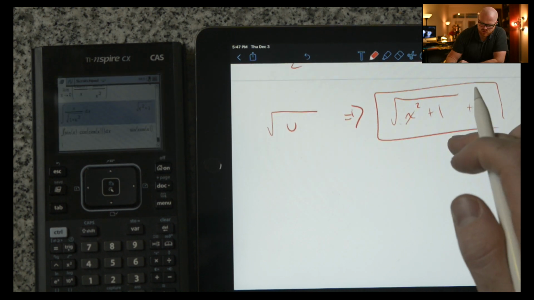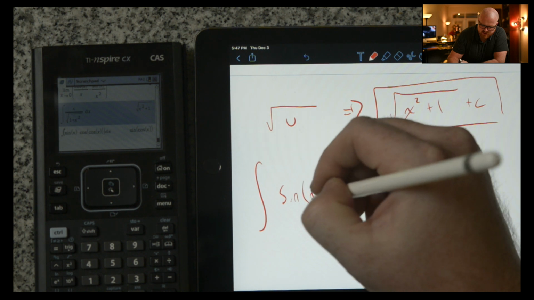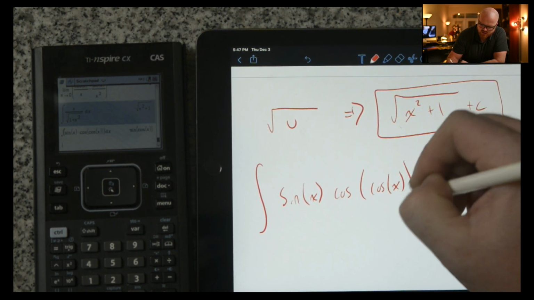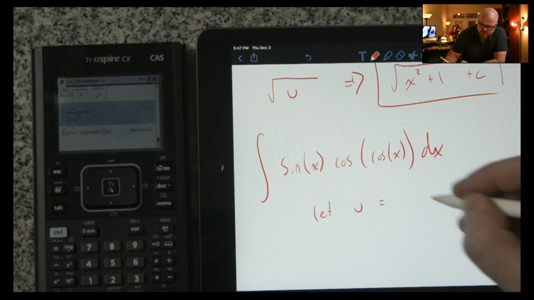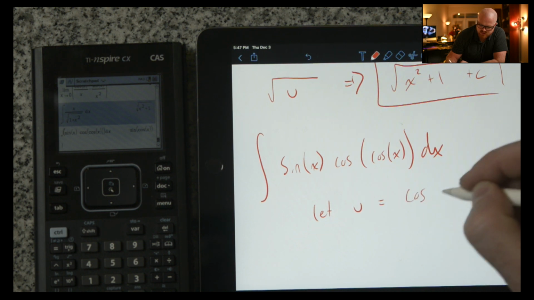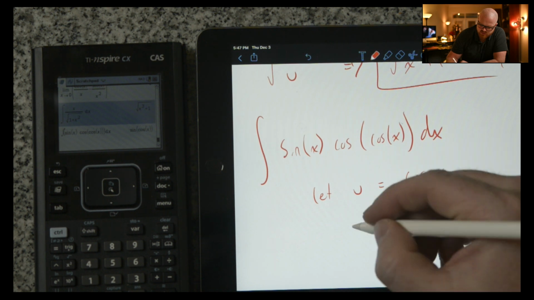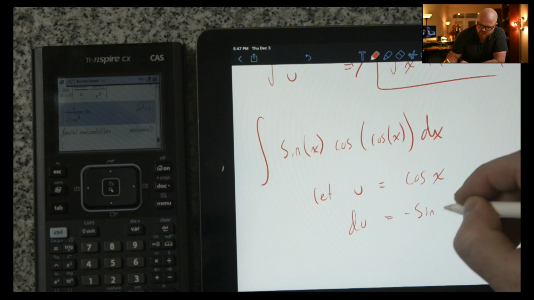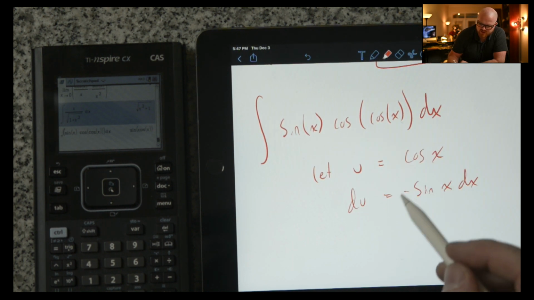So we will have, like I said, the integral of sine x cosine of cosine x dx. We'll let u equal cosine of x, such that du is equal to negative sine x dx. Oh, that's where the negative comes from, right there.